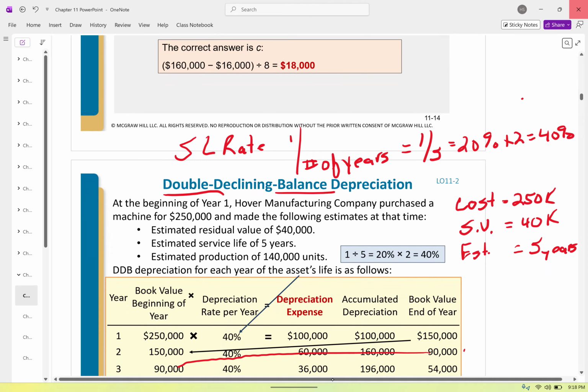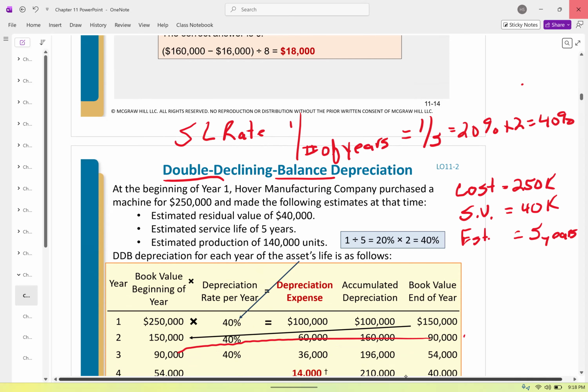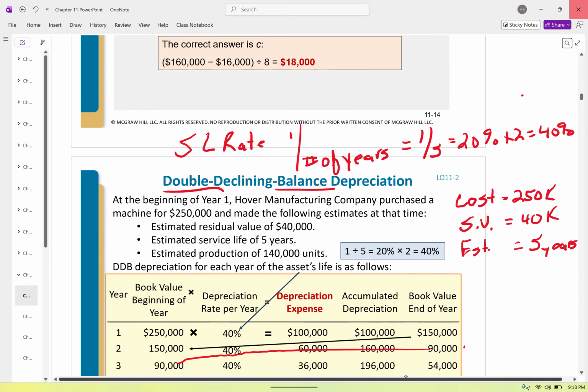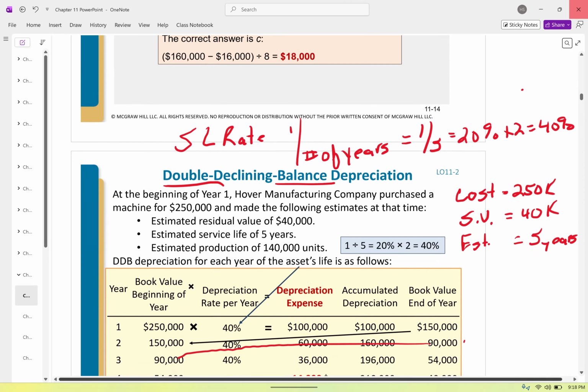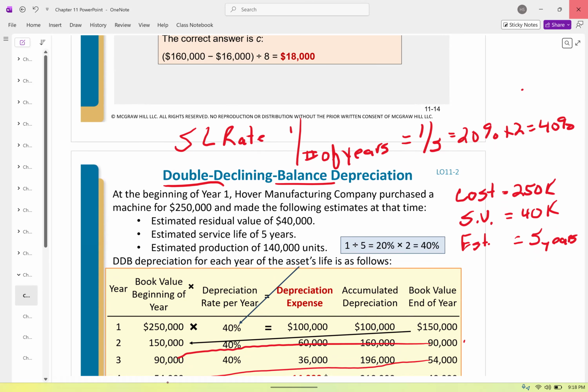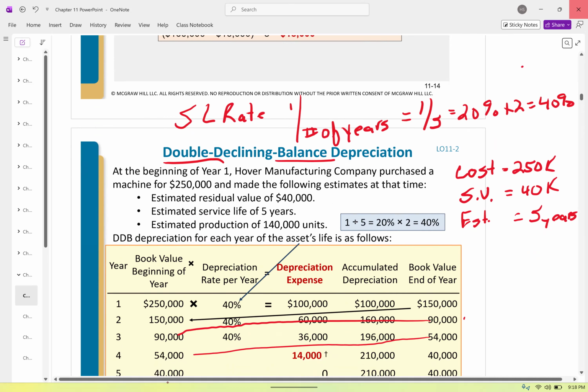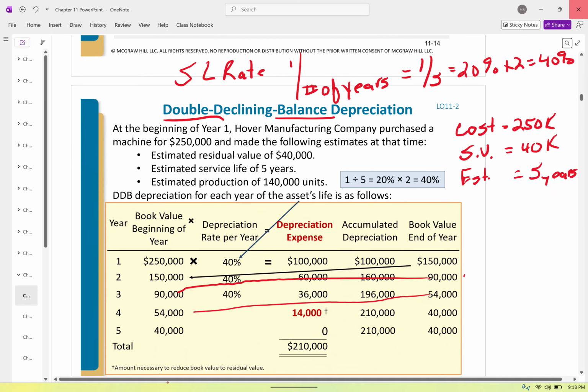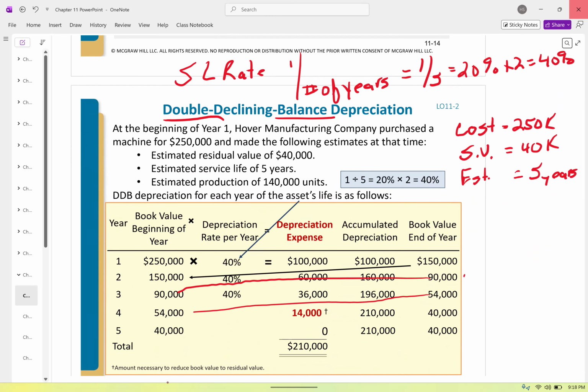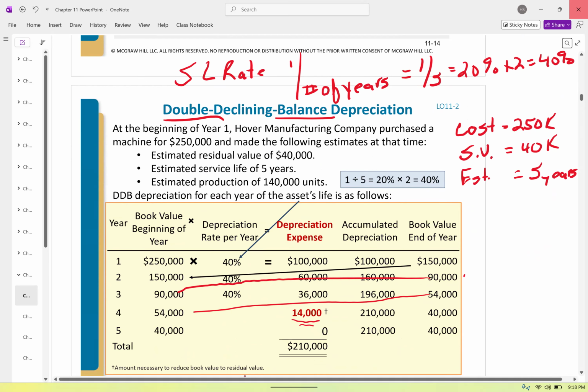Okay. So my accumulated depreciation is 196. That book value is dropping fast. So here's where you kind of have to keep an eye on things. If we took that 54,000, multiplied it times 40% for the next year, that would drop us down too low, because 40% of 54,000 is way more than the 14,000 we have left to depreciate.